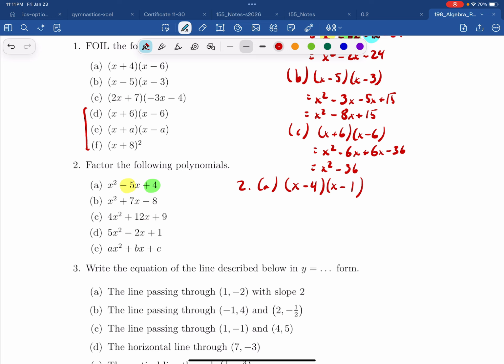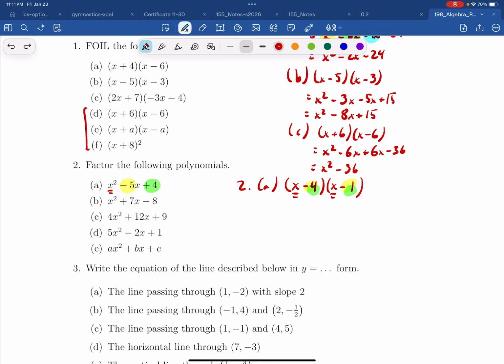And if we notice that the first term is just x squared, we're going to have an x here. So that's how we're getting the minus 4 and the minus 1, and then we stick an x in front of it, and we're good to go. We have factored that expression. If we multiply this out, we get that.